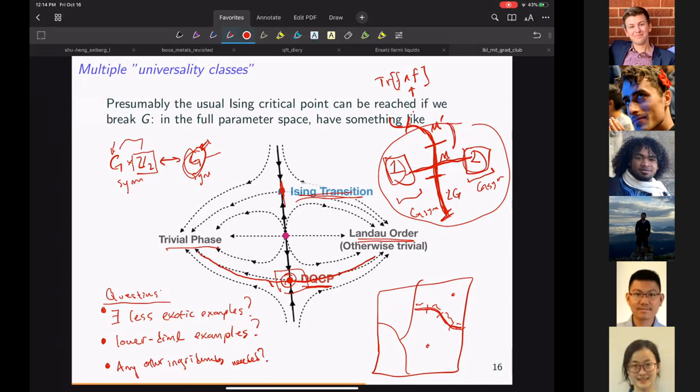So I think it seems to be a byproduct, because you have a mixed anomaly between time reversal and this one-form symmetry, right? But then the fermion carries the fundamental representation of G, and it also carries some gauge charge. Yeah, that's right. But the one-form symmetry is not really built in.